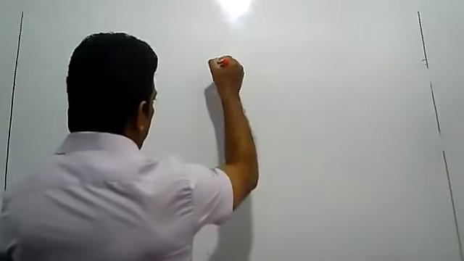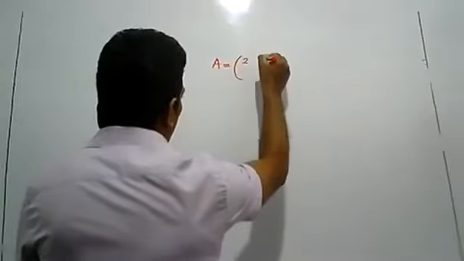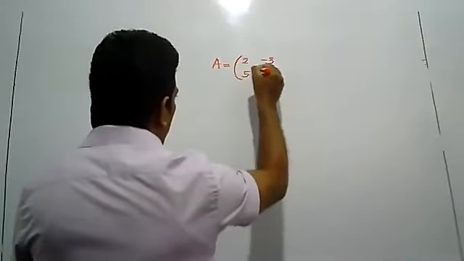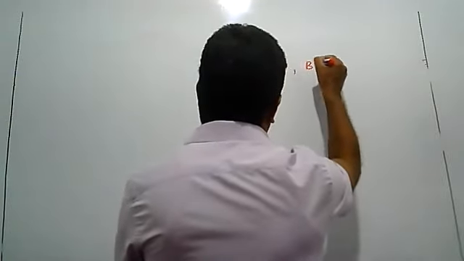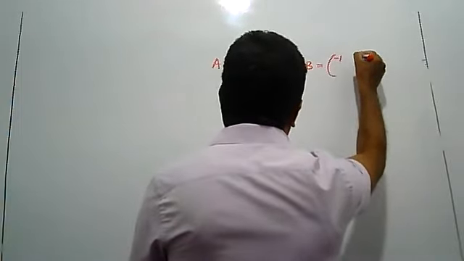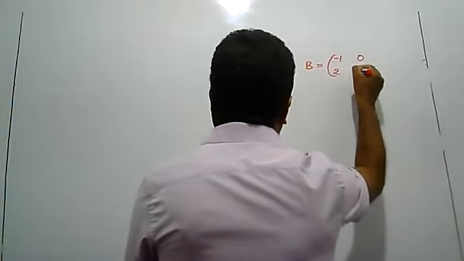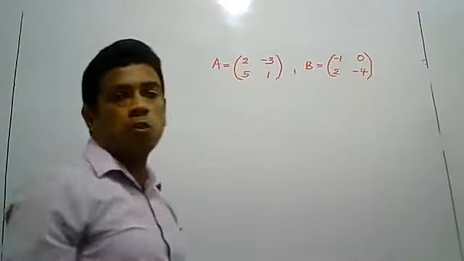I will write matrix A. Matrix A is 2, minus 3, 5, 1. Then matrix B. Matrix B equals minus 1, 0, 2, minus 4. Then A and B are two matrices.